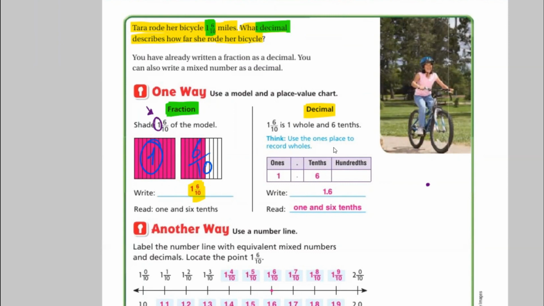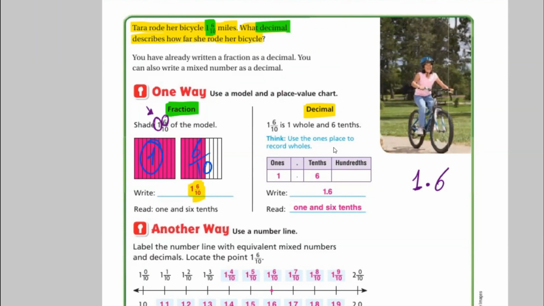So the whole number comes before the decimal point, on the left of the decimal point. Okay, so write that, that's the whole number, 1. And then look to the numerator. The numerator here is 6, right? So put the 6 after the decimal point.